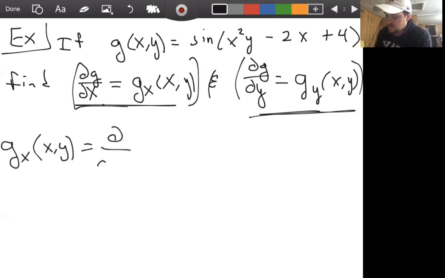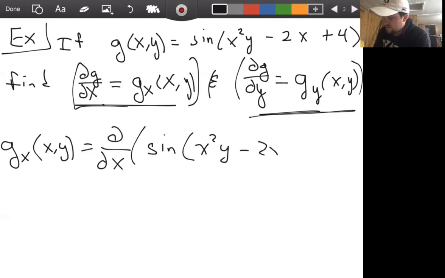Well, this is d dx of sine of x squared y minus 2x plus 4, right? And so now we are treating y as a constant and using our single variable derivative rules for the variable x. And so what do we have to use here? Well, we have a function inside of the trig function, so that means we need to use the chain rule, right? The chain rule says you take the derivative of the outside times the derivative of the inside.